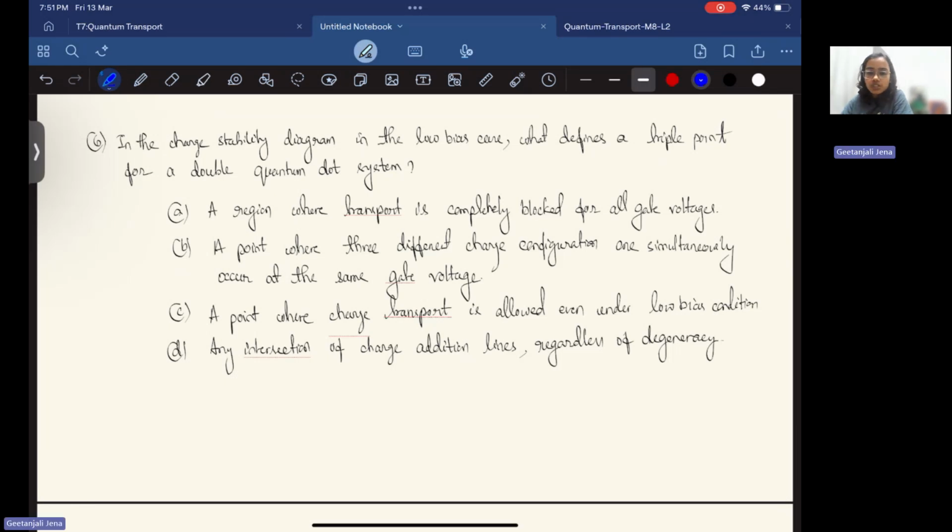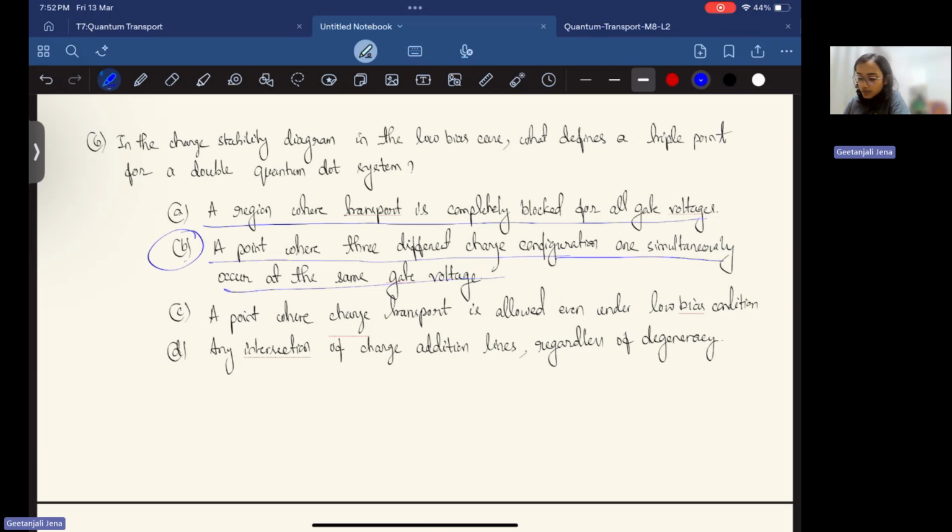In question number 6, in a charge stability diagram in the low bias case, what defines a triple point for a double quantum dot system? Option A, it's a region where transport is completely blocked for all the gate voltages. Option B, it's a point where three different charge configurations simultaneously occur at the same gate voltage, which seems a correct option.